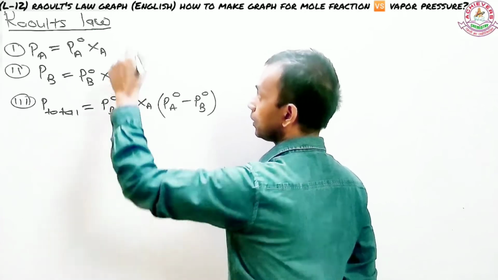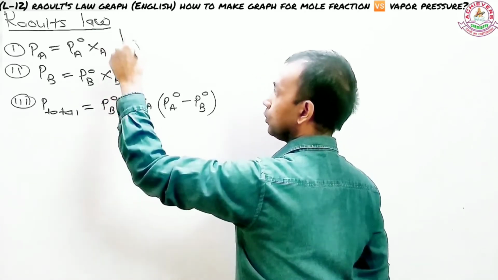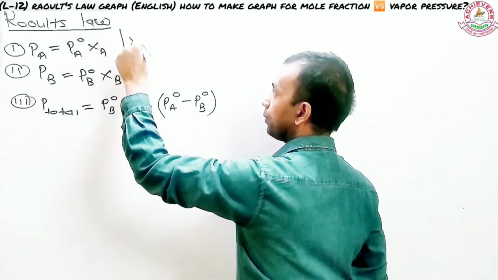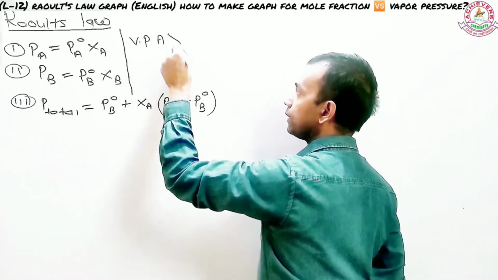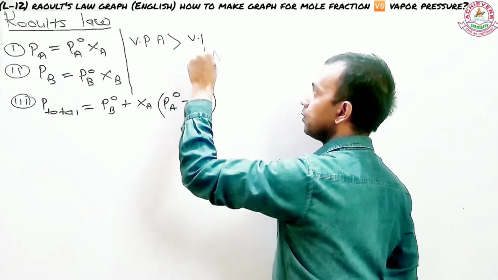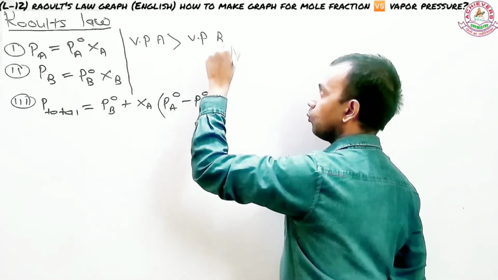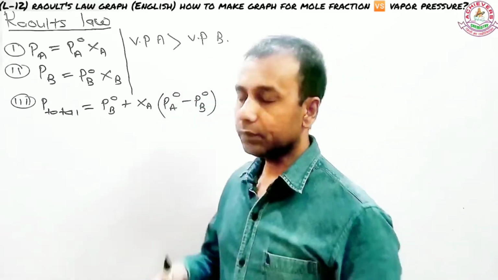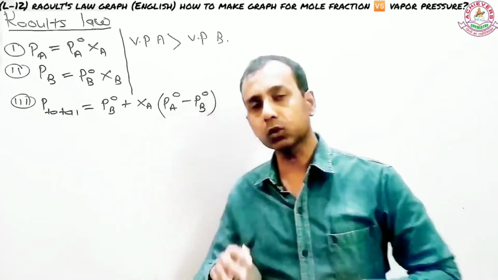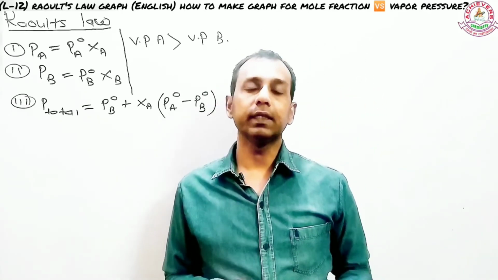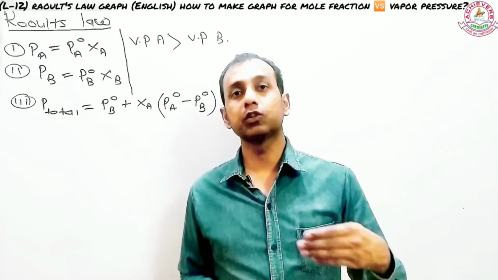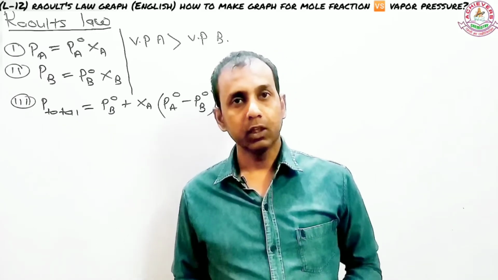But how this equation came, that is also very important. Suppose the vapor pressure of A is more than vapor pressure of B. What that means is, if out of these two components A is more volatile than B, A will be producing more vapor and hence more vapor pressure than B. So that is the condition.